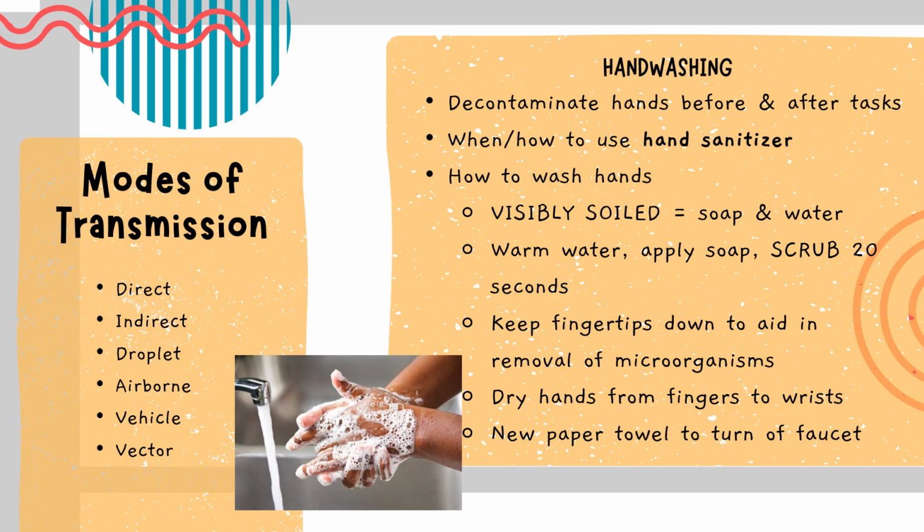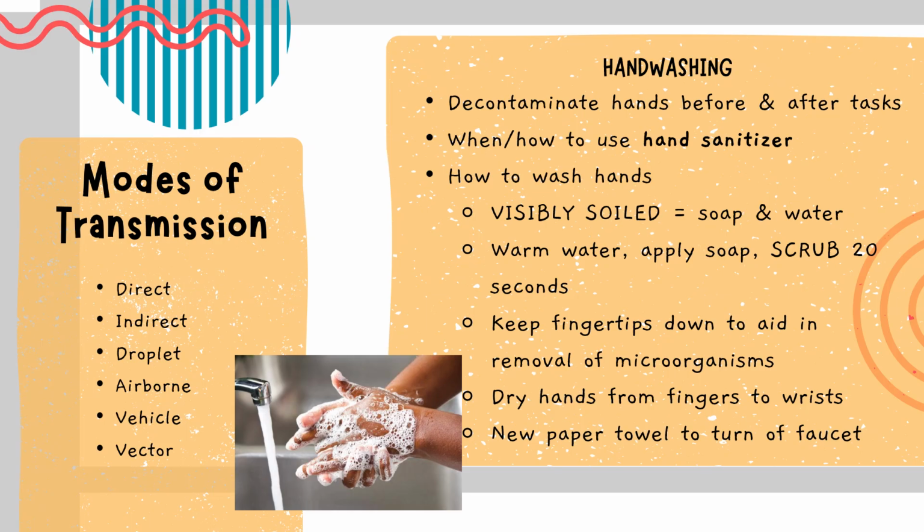Diseases that can be spread through droplet are influenza, pertussis, meningitis, and RSV. If you have somebody with a droplet type infection, we'll talk a little more in an upcoming slide, but typically you're going to want to utilize the appropriate PPE for droplet.